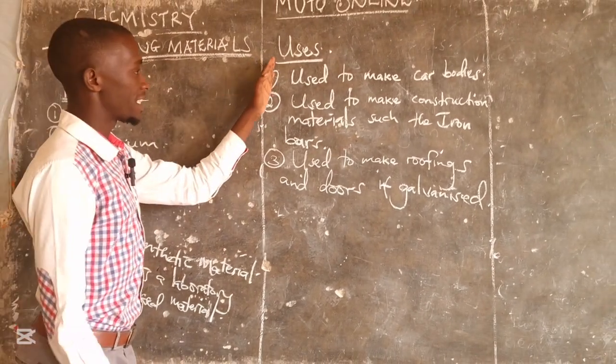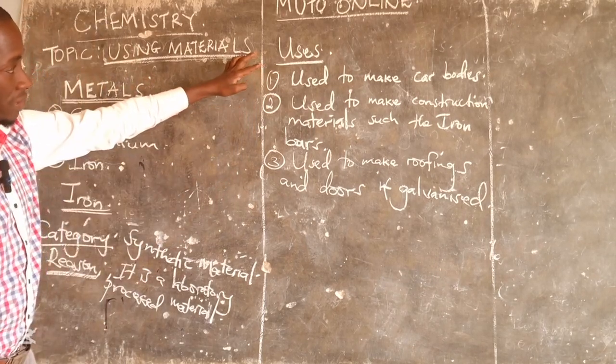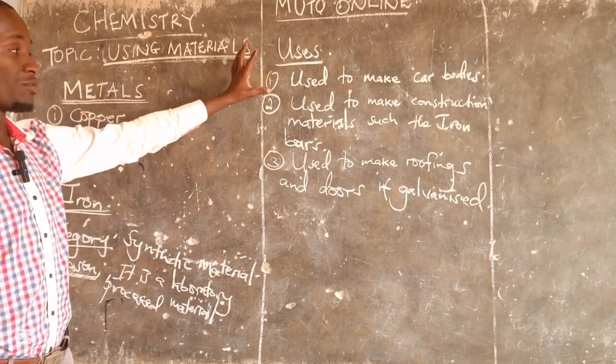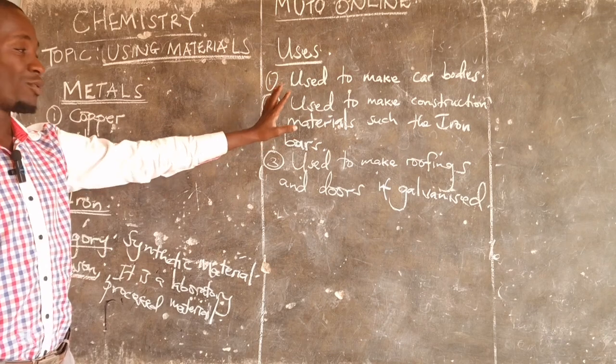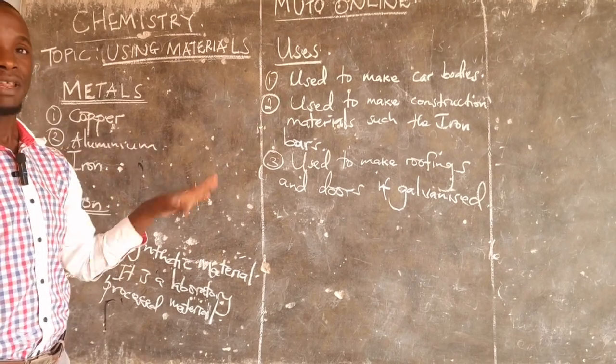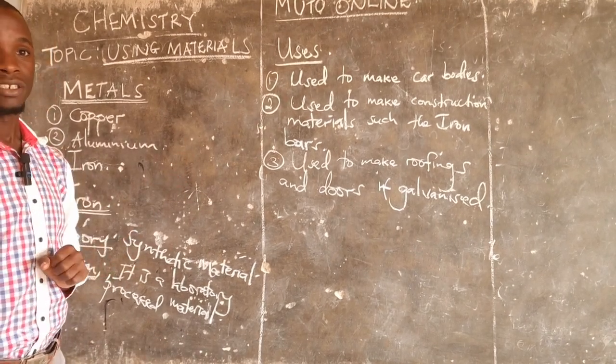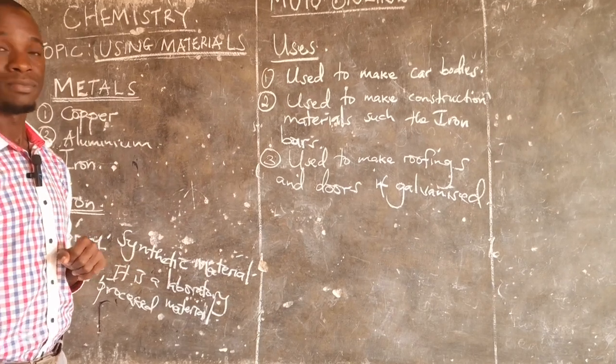So we are looking at the different uses of iron. We can mention very many. For me, I'm going to mention only three, but we have very many uses of iron. We cannot even finish them.